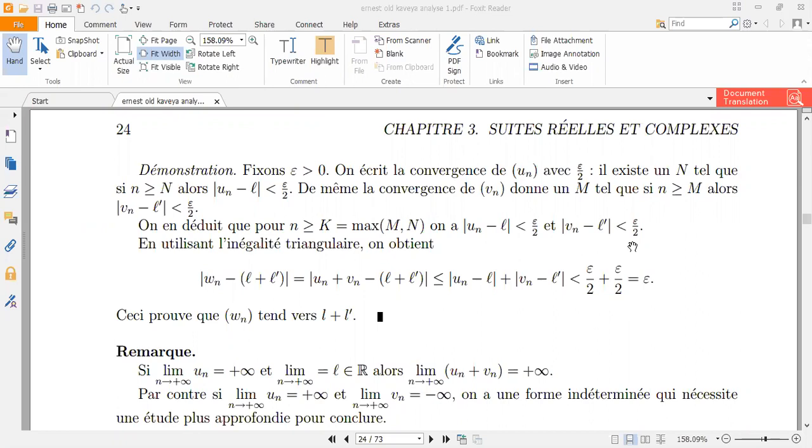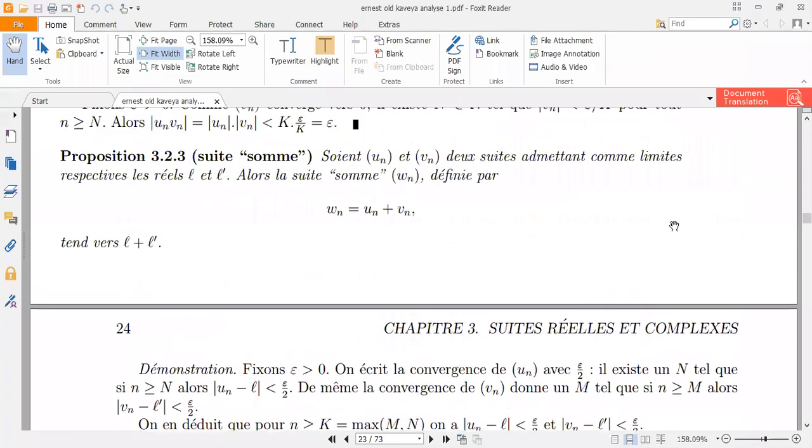We also know that whenever you have an addition of two sequences, Wn is going to be converging towards L plus L prime, because those two are the limits for each of the sequences being added. So basically, this is an expression of this, and these two here were added, just like the general equation which is here.